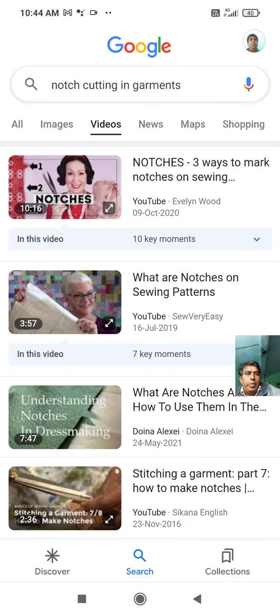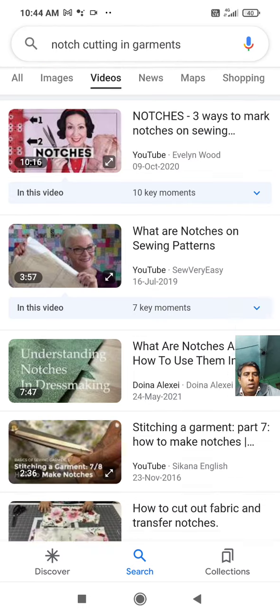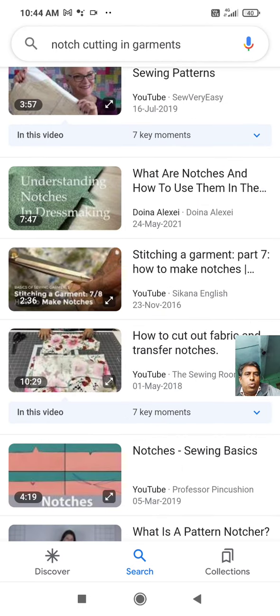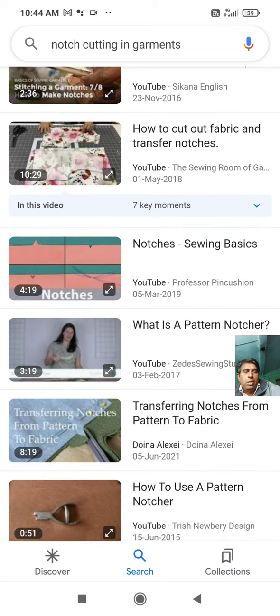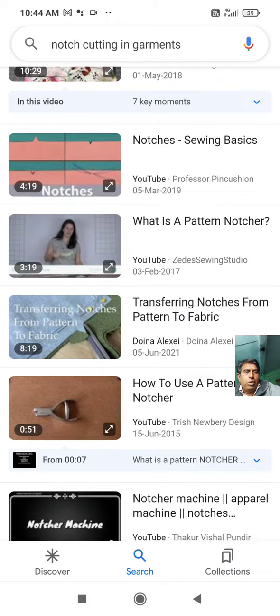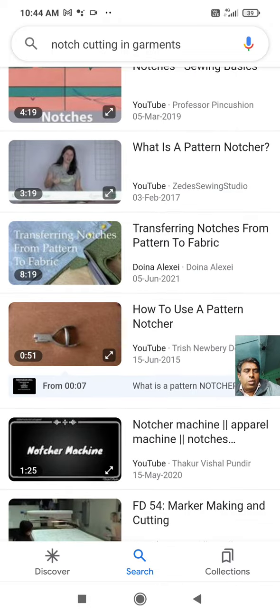So there are too many, it is too much time. So 2 minutes I will play this. I will play one thing, notch, how to use a pattern notch.